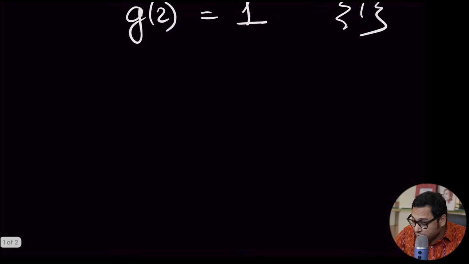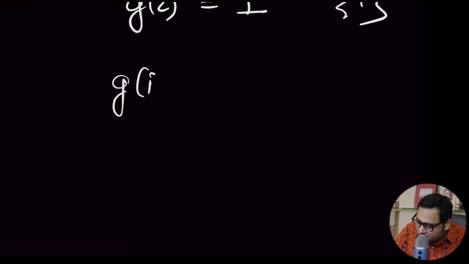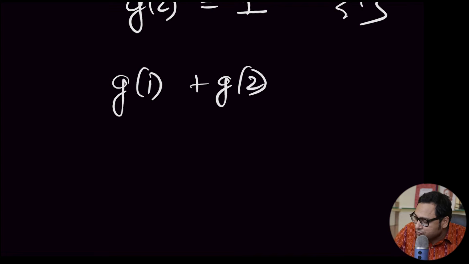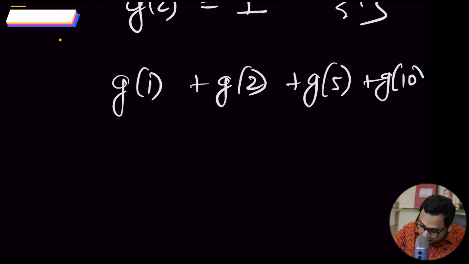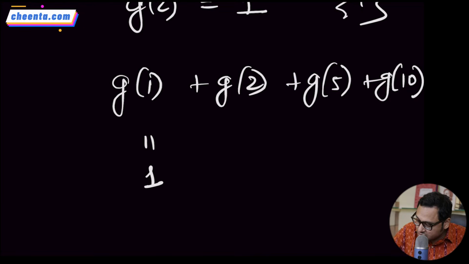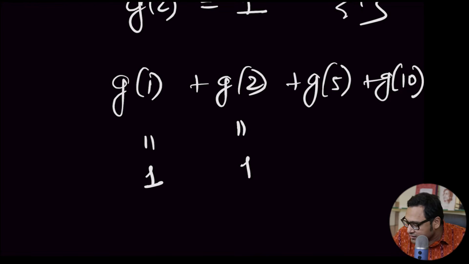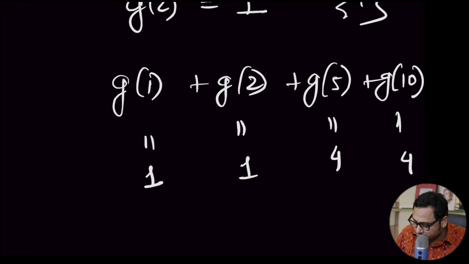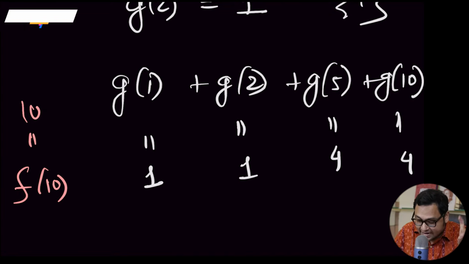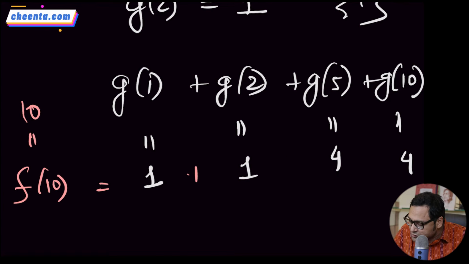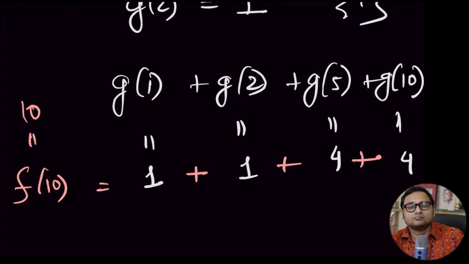Now, what we just did, let's calculate G of 1 plus G of 2 plus G of 5 plus G of 10. G of 1 is 1, G of 2 is 1, G of 5 is 4, and G of 10 is also 4. Notice that f of 10, which was the identity function, which is equal to 10, is simply equal to this sum.